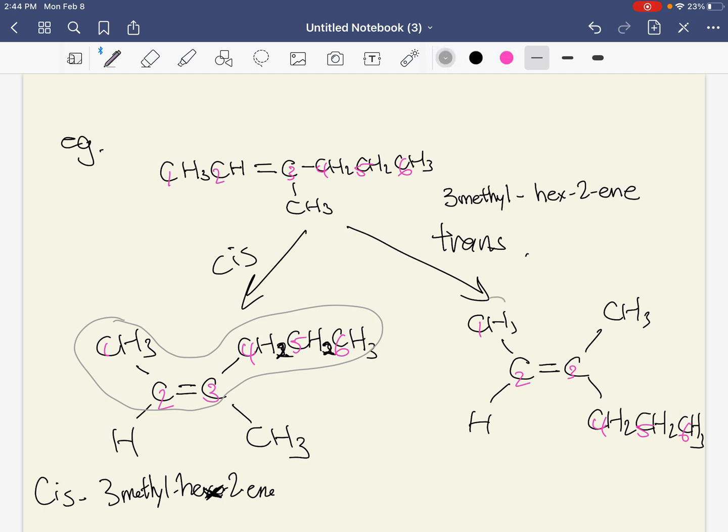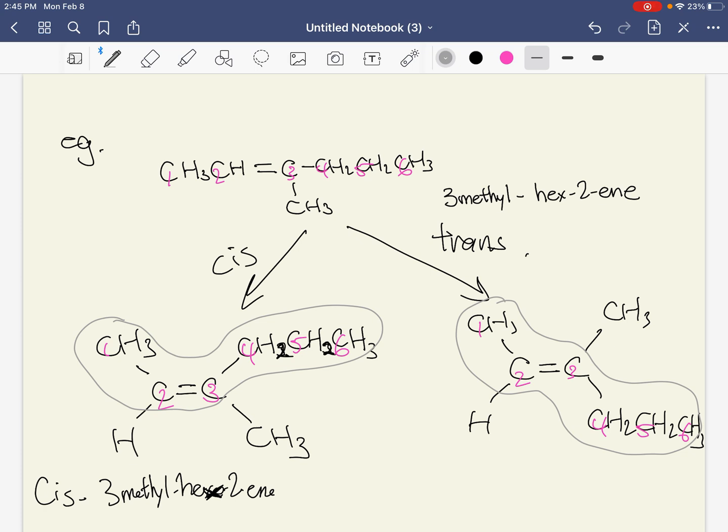See, pointing in different directions. So that's cis and trans. Now, there's a little bit more to this because cis and trans can also be abbreviated in terms of cyclic structure. But we'll save that for another time. We'll save that more towards the end.